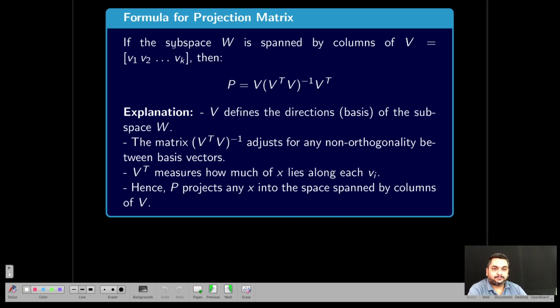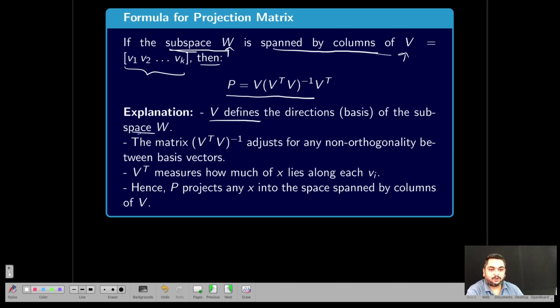So what the technical definition says: if subspace W is spanned by columns of V, say V1, V2, up to Vk, the vectors in the column space of V, then P is given like this. I'll explain what it means. Here V defines the basis of the subspace W.